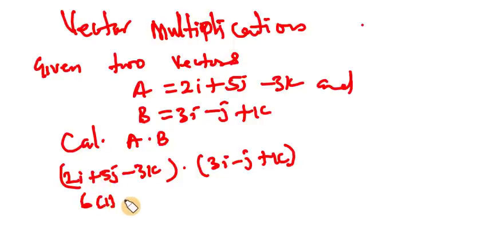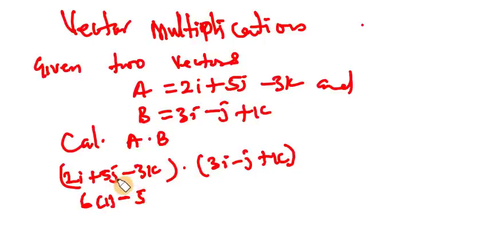Then I'll write plus. Before I write plus, let me check the sign: plus times minus is minus. I write it. Then 5 multiplying, there is an invisible 1 here, so 5 multiplying 1 is 5.